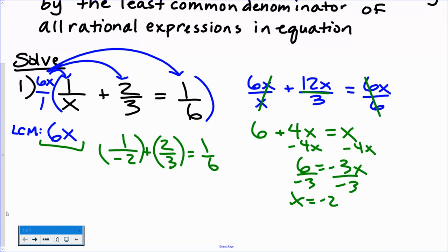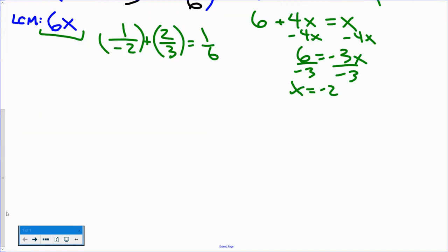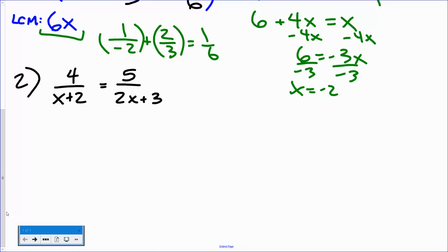Let's try another one. As always, we'll make it harder, the next one. So I have 4 over x plus 2 equals 5 over 2x plus 3. Okay, I have x's in both of my denominators.